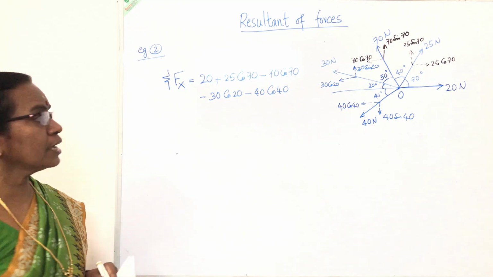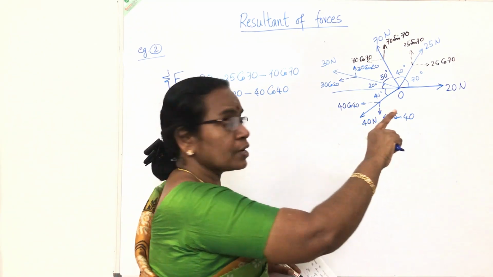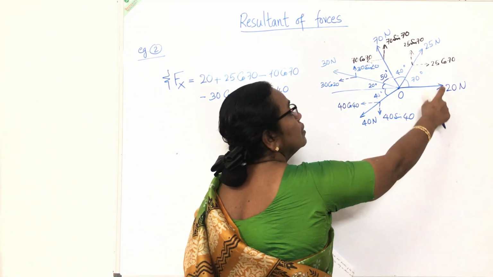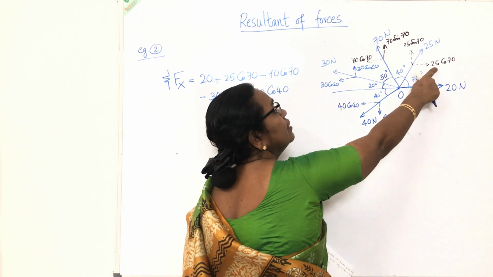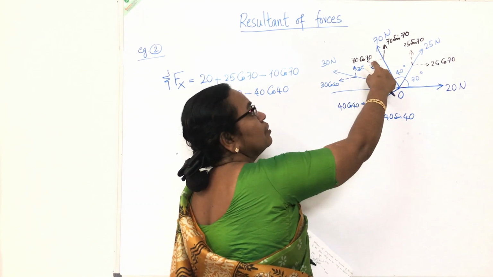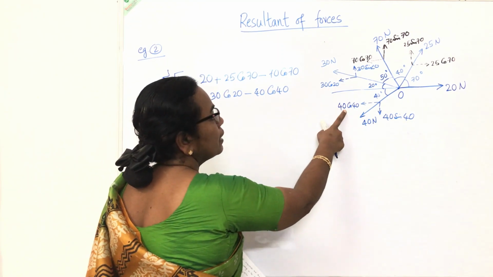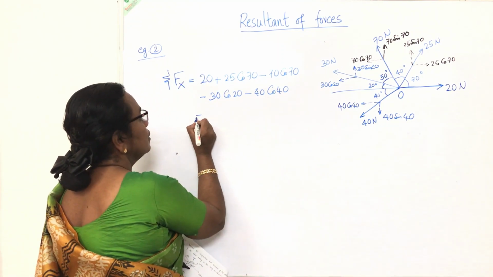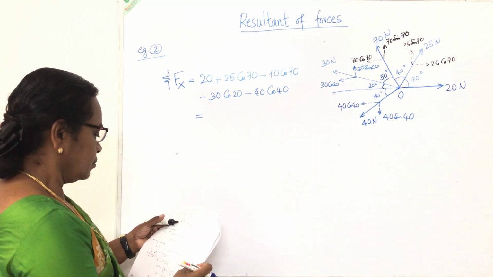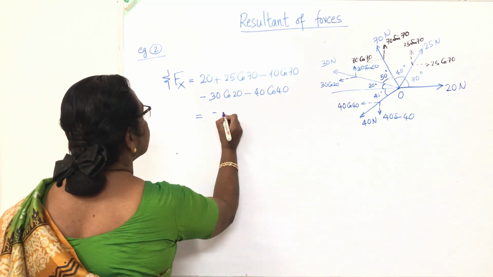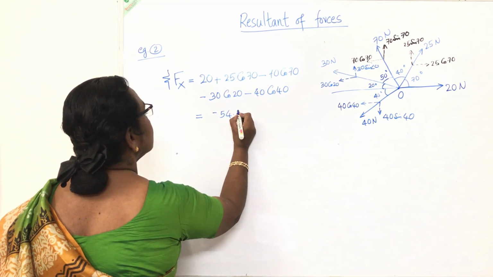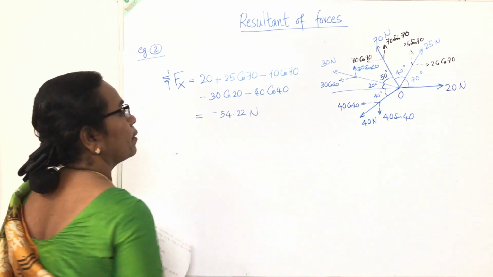I'll repeat once again. Sum of all the horizontal components: 20 plus 25 cos 70 minus 70 cos 70 minus 30 cos 20 minus 40 cos 40. That will work out to minus 54.22 Newton.